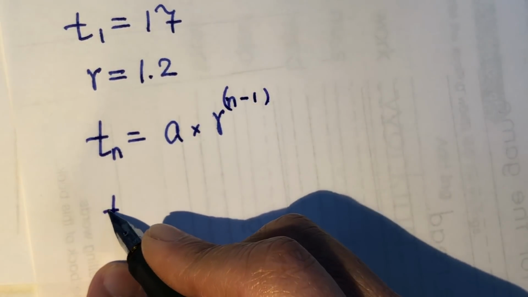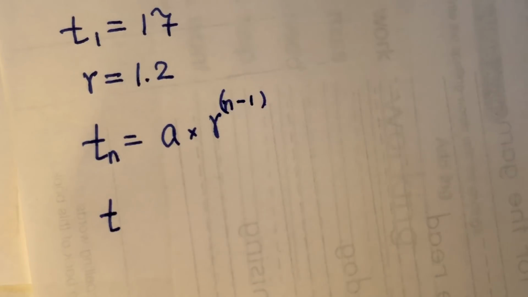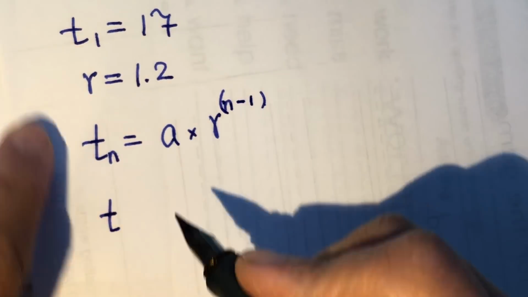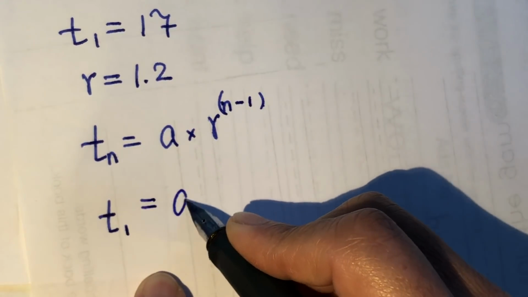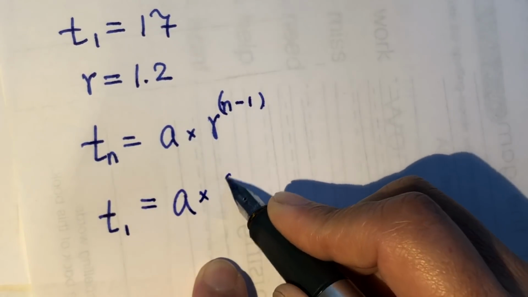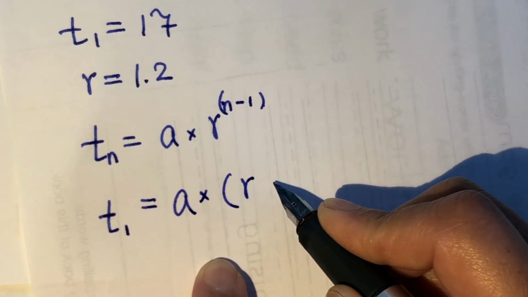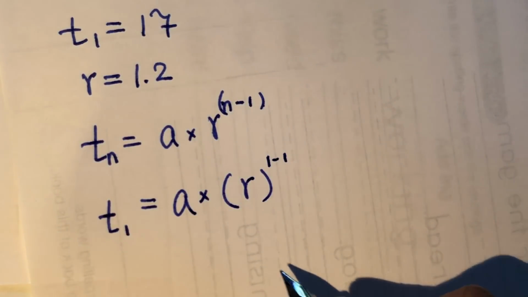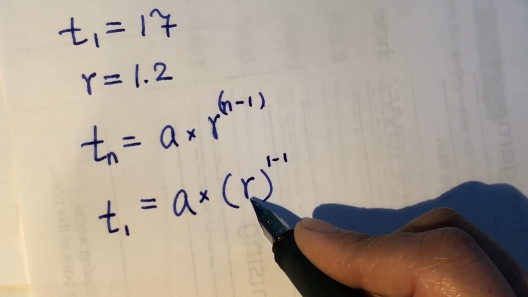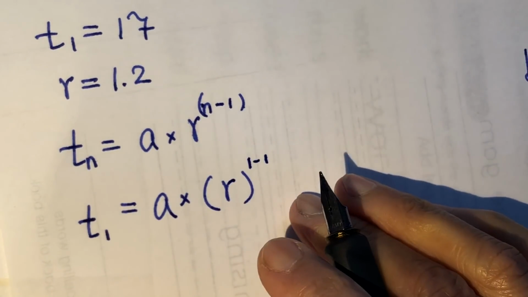So when T1 equal to a times r to the power of 1 minus 1, so it's r to the power of 0.